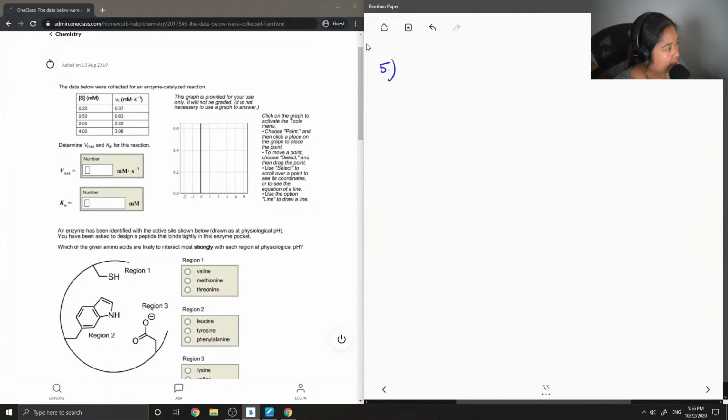And then they want you to calculate Vmax and Km for this reaction. And also to graph it. So first I'm just going to write down these concentration values. And then these velocity values.